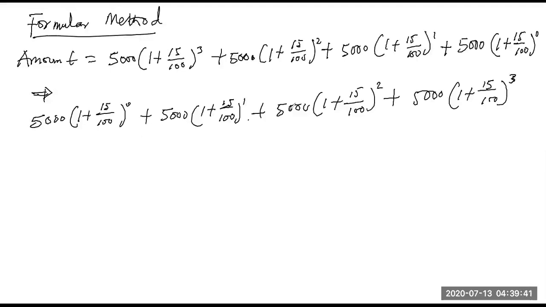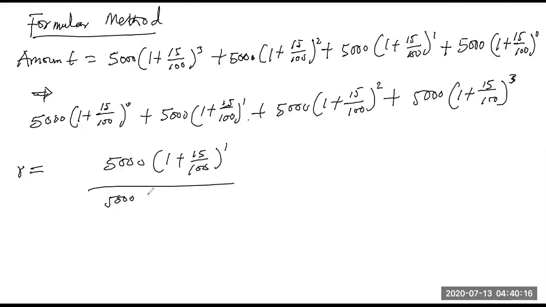You discover that this is similar to the sum of an AP, the series of an AP. If you look at this, this is the first one, second one, third one, and the fourth one. Our common ratio R is this one divided by this, or this one divided by this. If I do 5,000 into 1 plus 15 over 100 raised to the power 1, divided by 5,000, and of course anything raised to the power 0 is 1, so we cancel 5,000, and this is my common ratio.